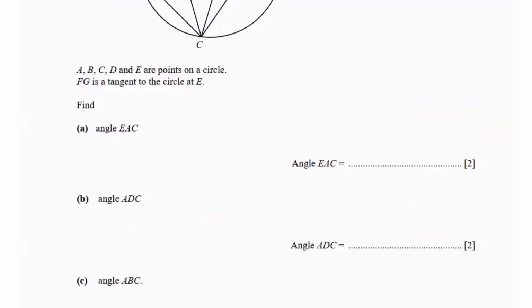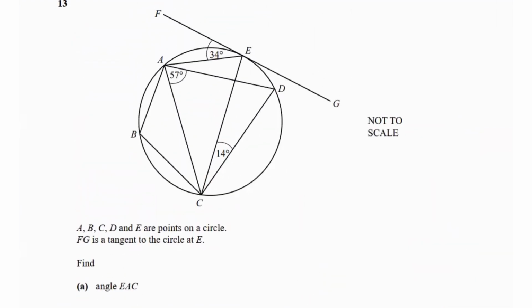Then it says angle ABC. So ABC is this angle over here. So we know this is 14. This is 34. This is 75.